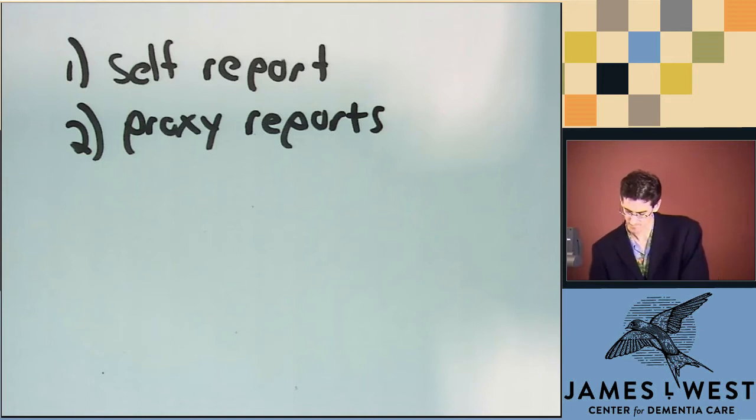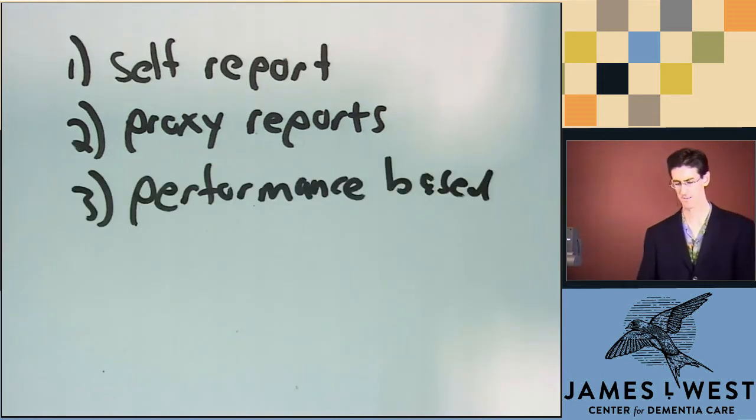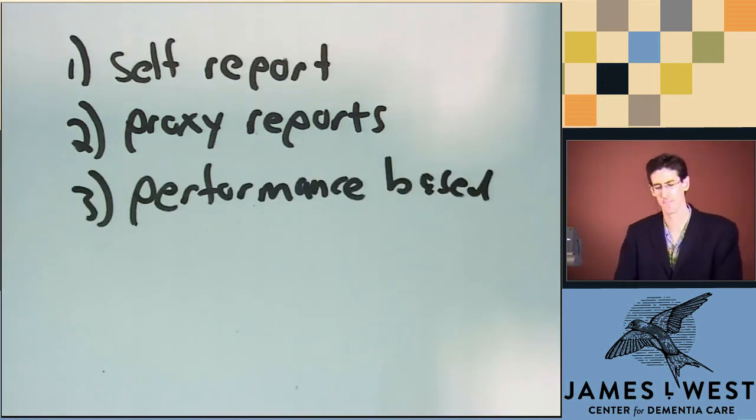The other way we will try to assess functional status is with performance-based measures. A performance-based measure might be, I might give one of my patients a phone book and put them in front of a phone.